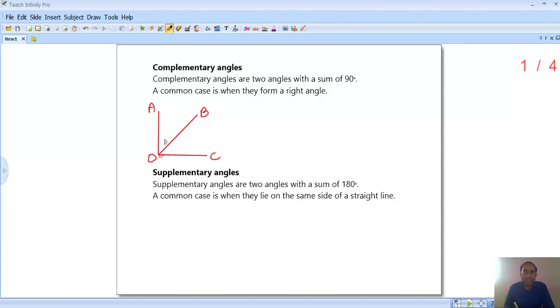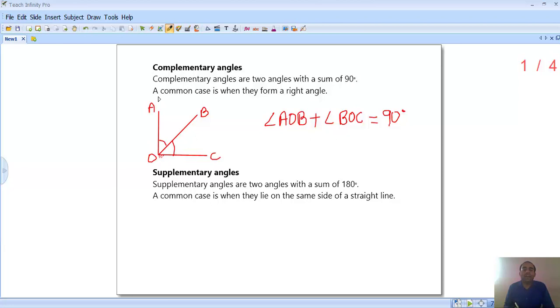These angles, angle AOB and angle BOC, will be complementary if and only if their sum is 90 degrees. Angle AOB plus angle BOC, if the sum of both the angles is 90 degrees, that means these two angles are complementary angles.